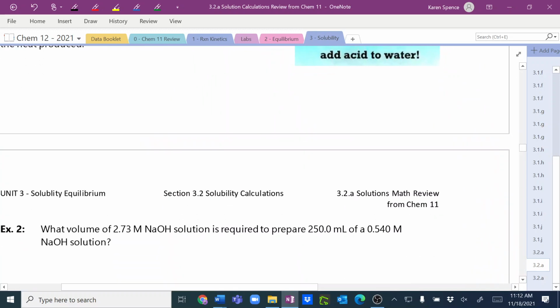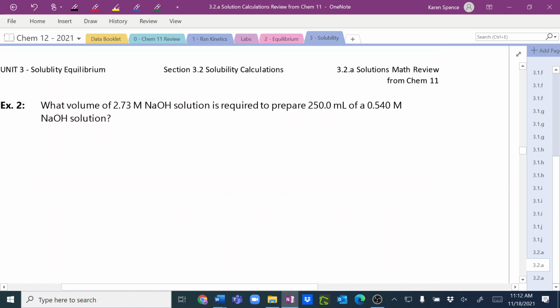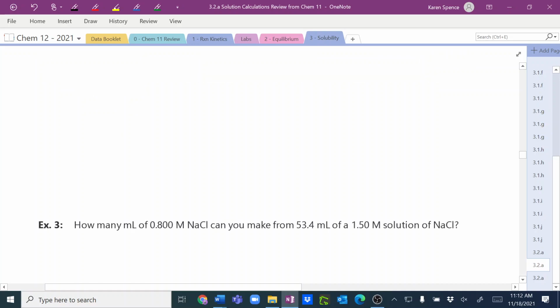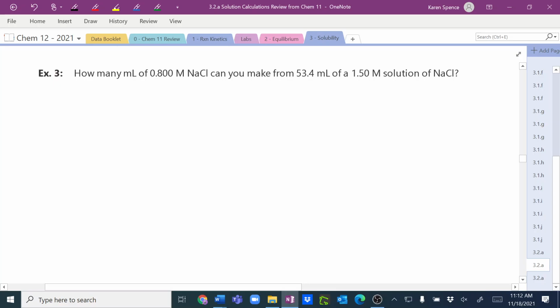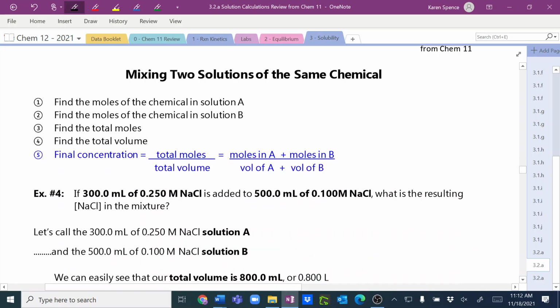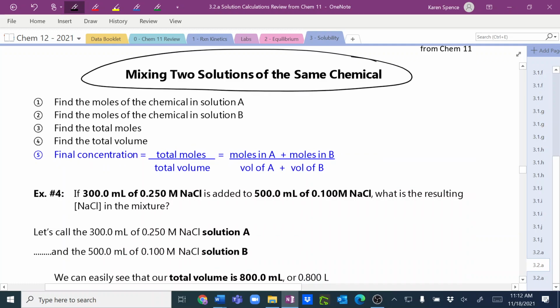Okay. Would we like a second example before you turn yourself loose on these questions? Or do you feel like you just want to get going? Ready to get going? Okay. So what you can do is, at this point, there's also some information on mixing two chemicals of the same solution.